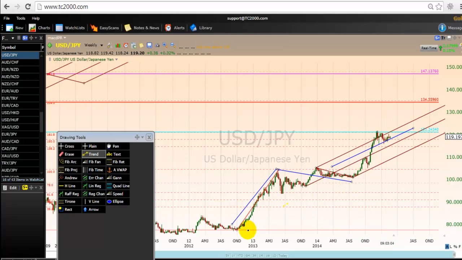A, B, C, D. In theory, the distance from A to B should be equal, but not always. You can see that it's not equal here. The prior move is here, it's longer than where we are now. Are you with me? The prior bullish move is from here all the way up here.